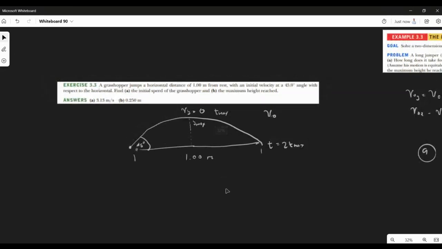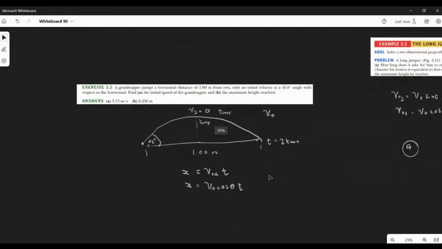The first thing you have to do is set up two equations. The first one is x equals Vox times time, which you've seen before. So x is Vo cos theta times time. The total distance is going to be 1.